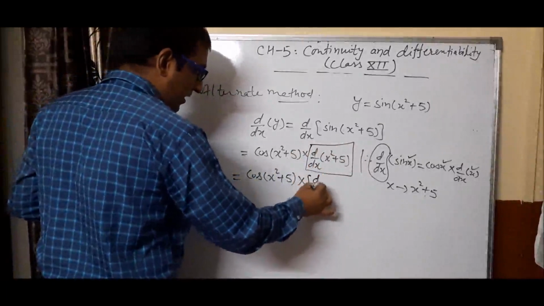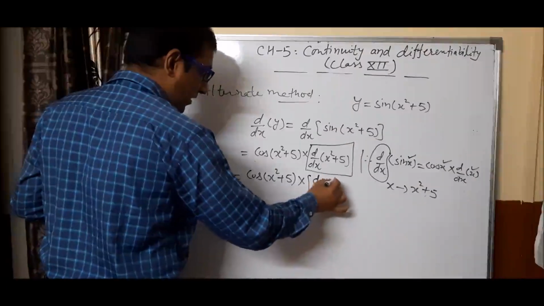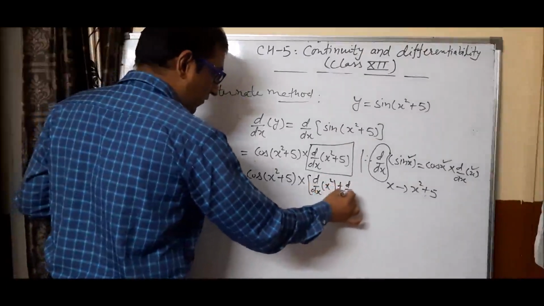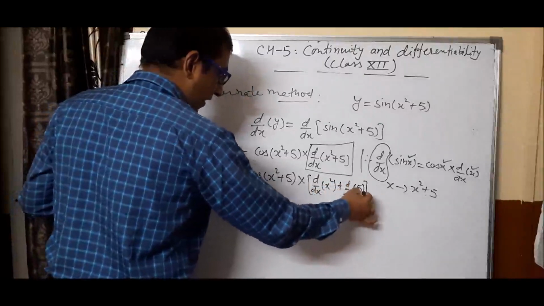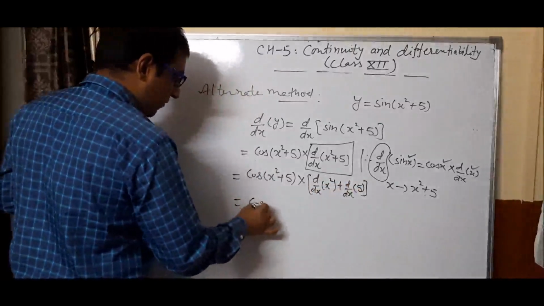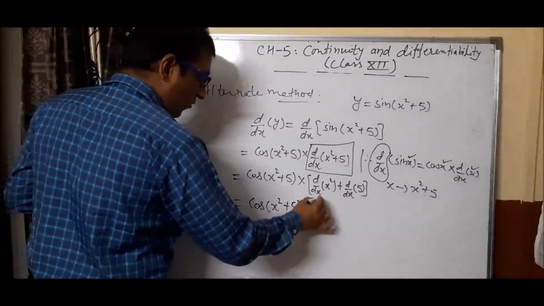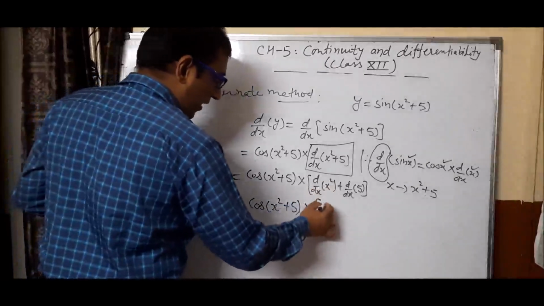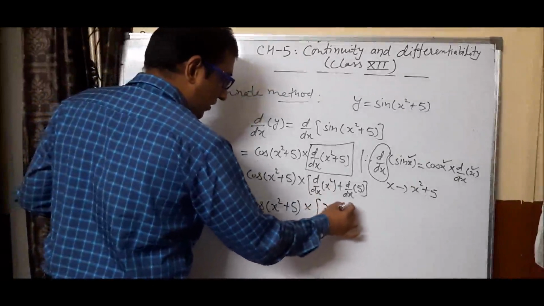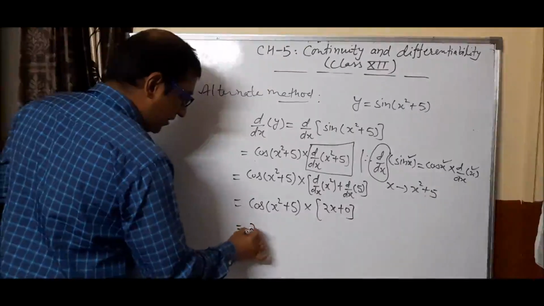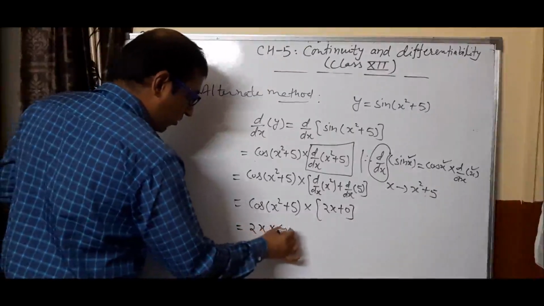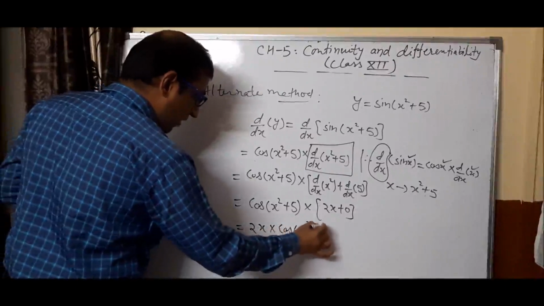It can be done as d by dx of x square plus d by dx of 5. And when we solve it, it becomes cos of x square plus 5 into d by dx of x square, which is 2x plus 0, and it can be written as 2x into cos of x square plus 5.